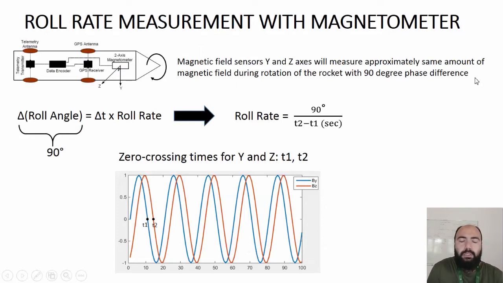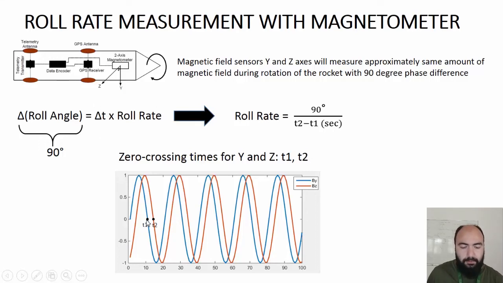So how can we measure the roll rate with a 2-axis magnetometer? There are the Z and Y axes, and they have a 90-degree phase difference. So our distance, the change, is 90 degrees, and the speed we need to calculate, and we know the time.